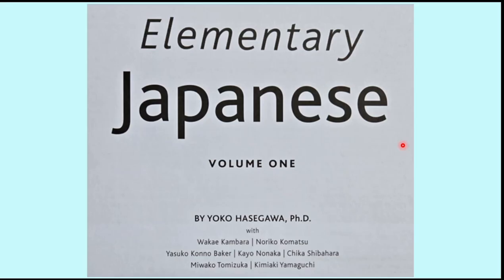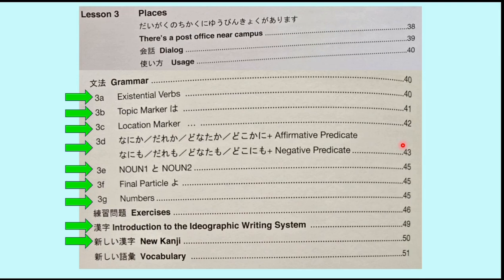This is the front page of the book Elementary Japanese by Yoko Hasegawa and his team, and this is the content of lesson 3 of this book, which is places. There is a post office near campus.